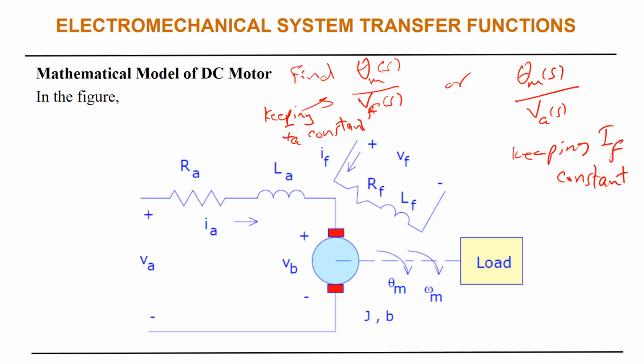We are going to see that the armature control DC motor has a feedback loop in it, a built-in feedback loop, while the field control DC motor is an open loop system. So definitely the built-in feedback system will be better.